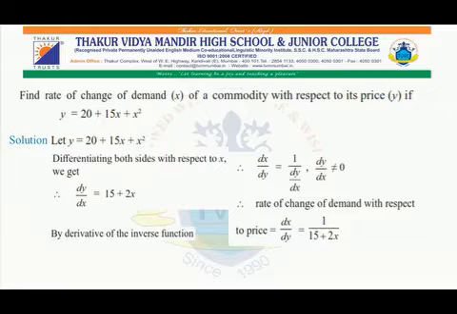Clear? What is the question? Find the rate of change of demand x of a commodity with respect to its price y if y is equal to 20 plus 15x plus x square. This is the question given.